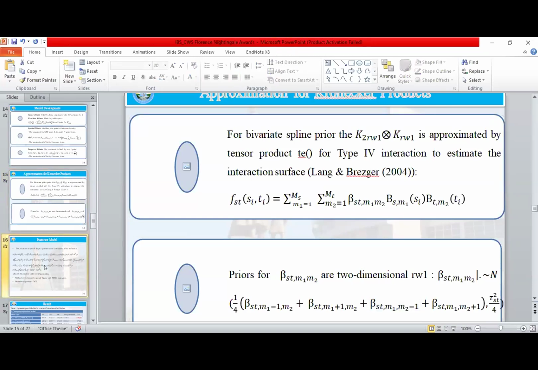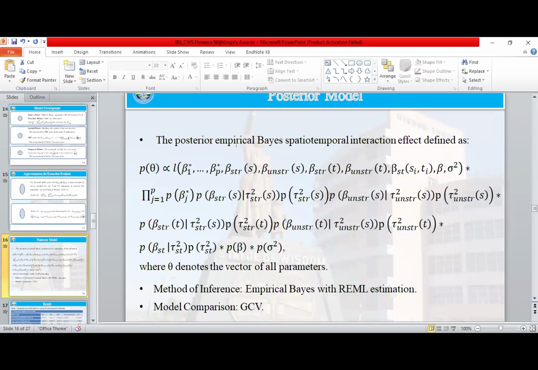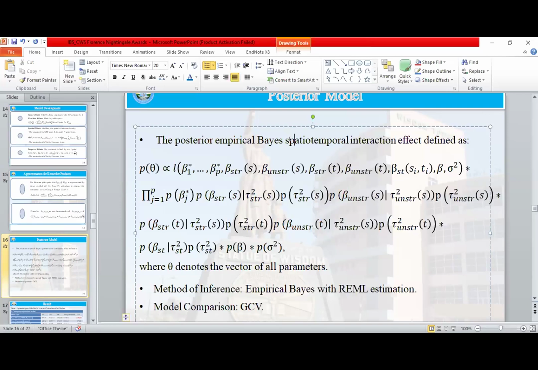When we come to the posterior model, the posterior model is given here, the spatial-temporal empirical Bayes interaction effect model. This posterior model is the product of the likelihood, the nonlinear priors, the spatial prior, the temporal prior, the space-time prior, the linear prior, and the prior for the variance.